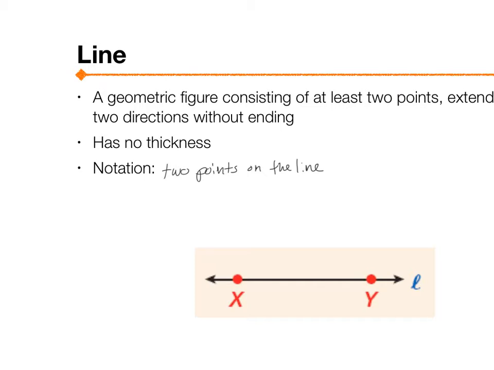In this case, this line would be XY, and we would have to put a little line on top of it. Or this can be called YX. These mean the same thing. XY and YX are both names for this line right here.